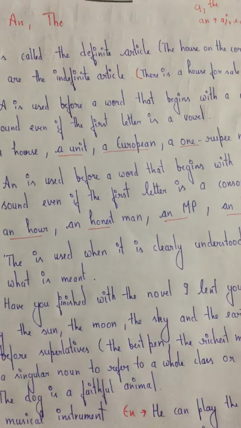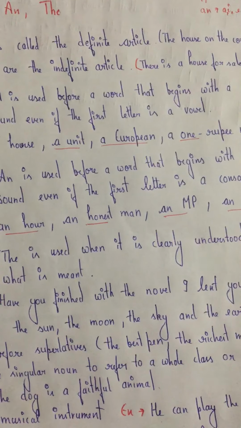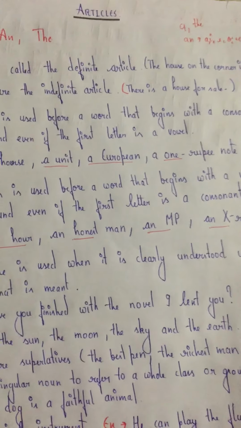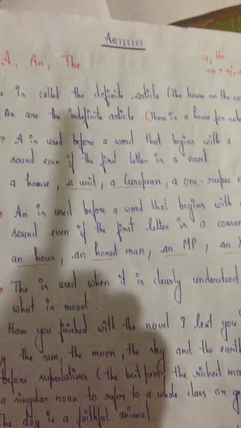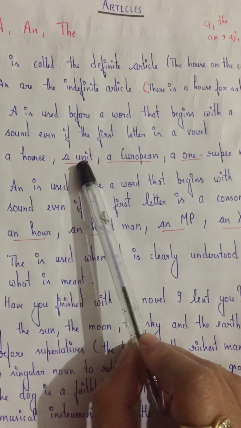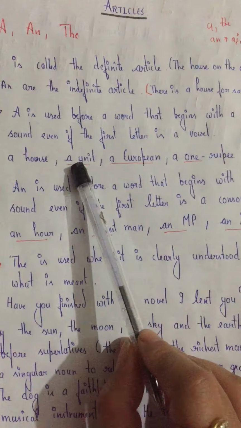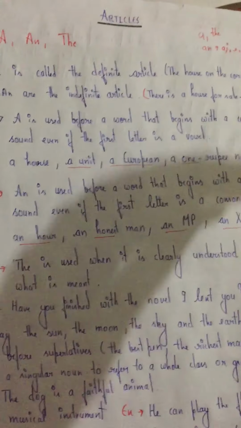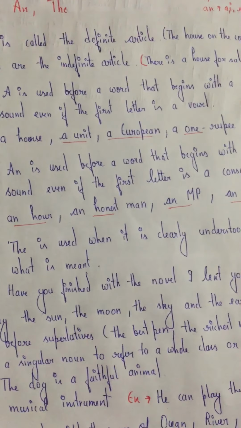See an example here: a unit, a European, a 1 rupee note. You see, a is used before unit, where u, n, i, t, the first letter u is a vowel, right?